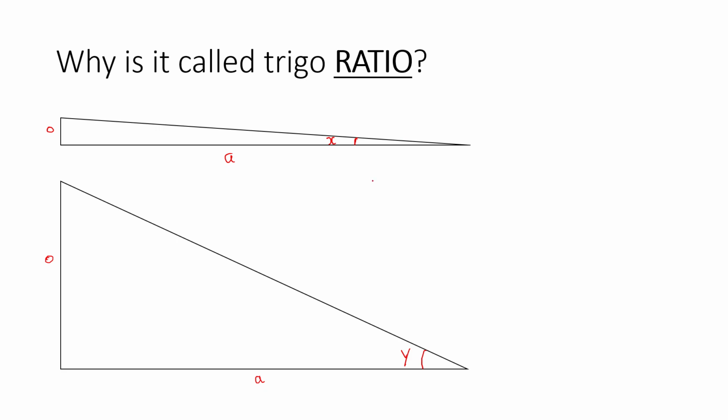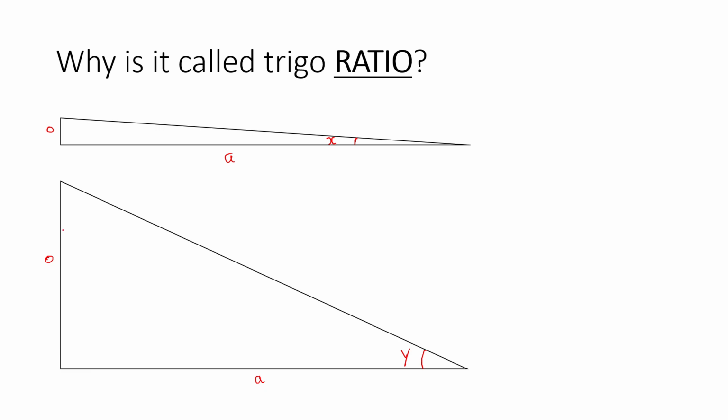So visually, is angle X or angle Y larger? So clearly, angle X is a lot smaller than angle Y. So depending on the ratio of the adjacent side, the opposite side, and in some way the hypotenuse, because three of them are connected, it will affect the size of the angle.